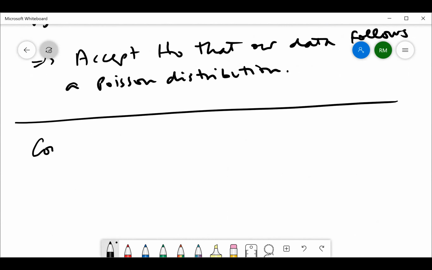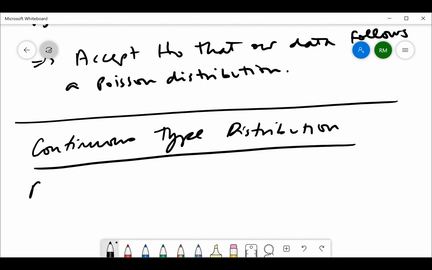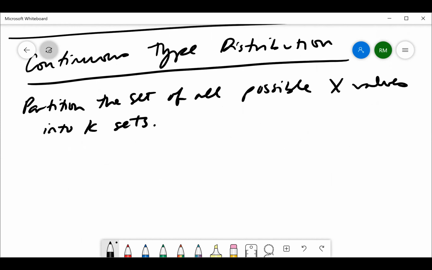So for a continuous type distribution, what are we going to do? We're going to partition the set of all possible x values into k sets or subsets.